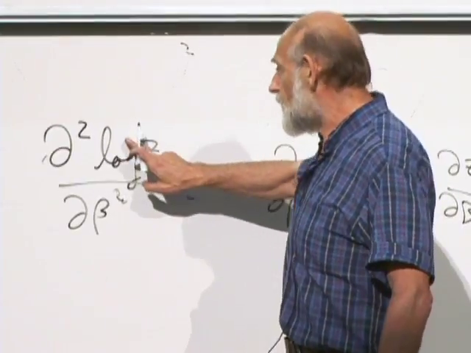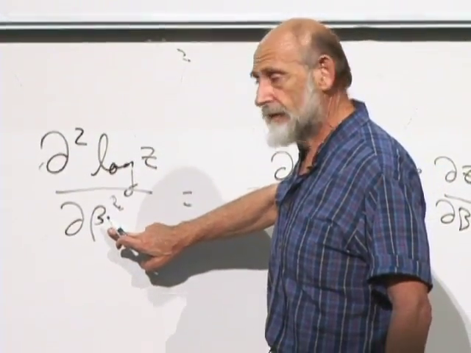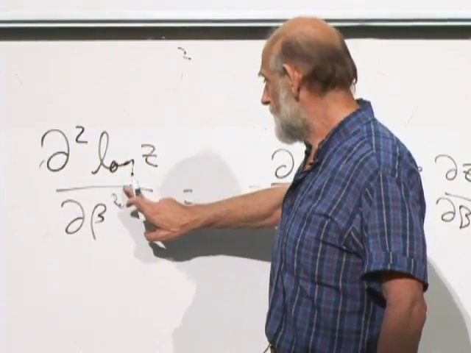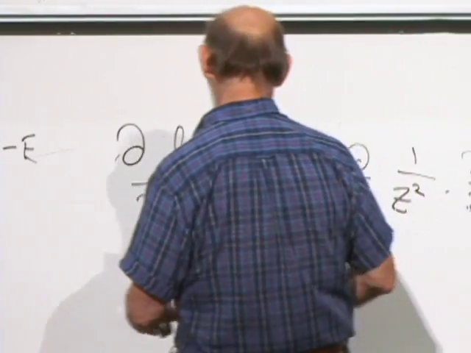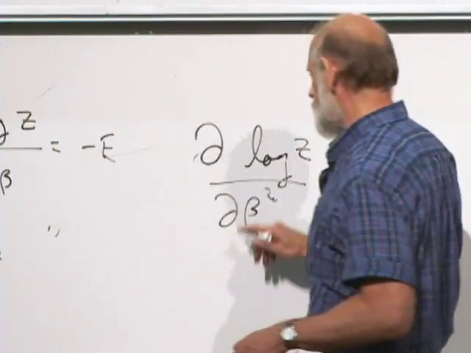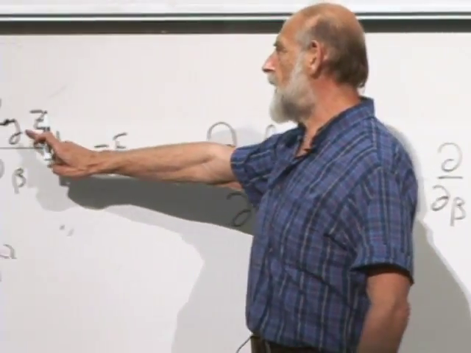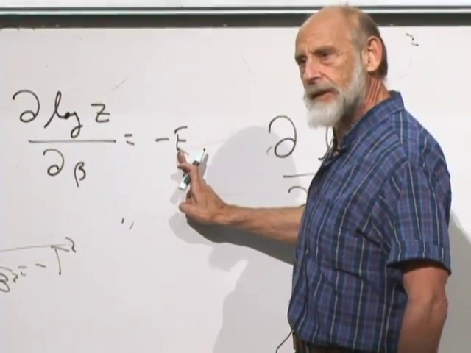So the answer is the derivative of energy with respect to beta. The equation is right there. The first derivative is just the energy. Now I want to differentiate this again with respect to beta. So it's just dE by d beta.